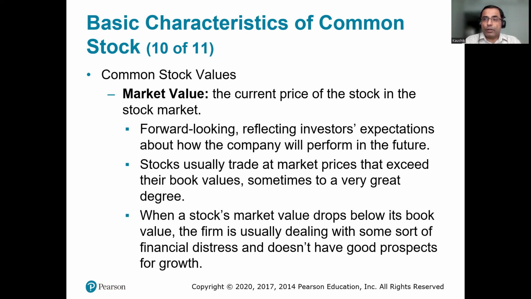It is forward looking because it represents the investors' expectation of how the company will perform in future. We notice that market price is generally higher than the book value. However, if the market price goes below the book value, then it is a signal of financial concern or financial distress for the company.